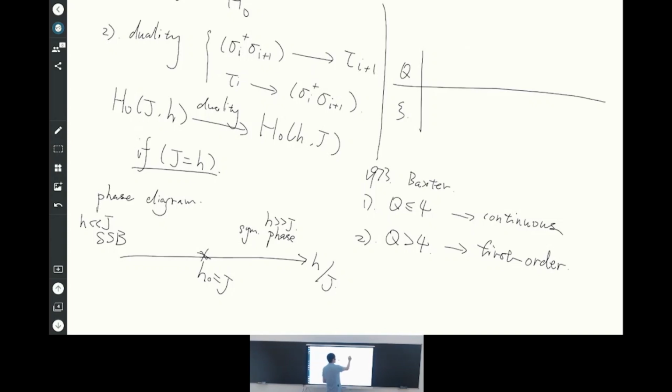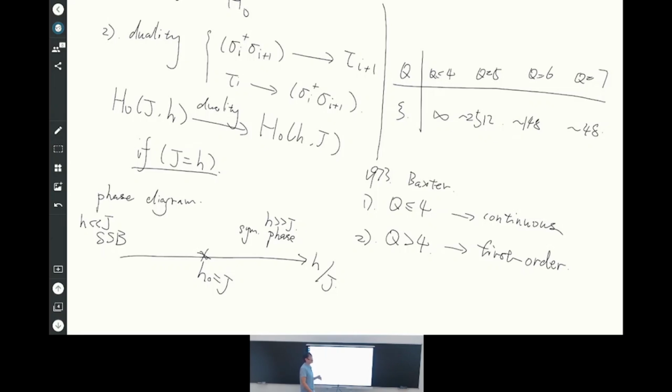When Q is less than or equal to 4, the correlation length diverges, by definition, for a continuous phase transition. For Q equals 5, the correlation length is around 2,500. For Q equals 6, it is around 150. And for Q equals 7, it is around 50, something like that.